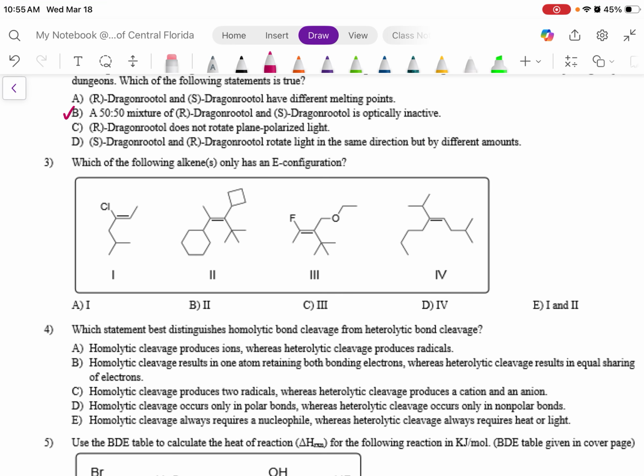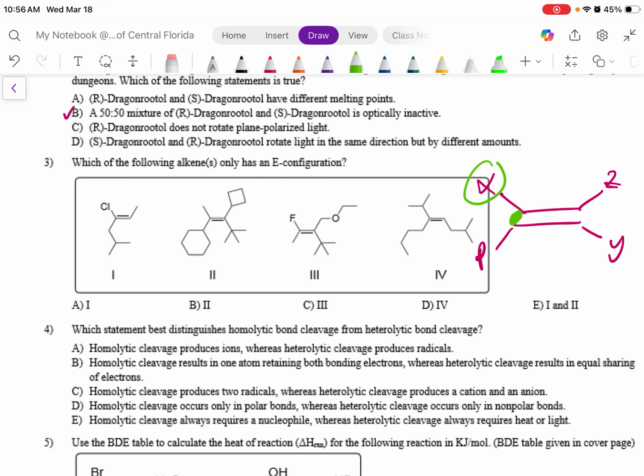Which of the following alkenes only has an E configuration? In general, when we have an alkene and we have these substituents, Z, Y, X, and let's just say P, remember what we do? We focus on just one carbon at a time. We have an X and a P directly attached to that green carbon. We ask the question, between X and P, which one has the highest atomic mass? These are all hypothetical.